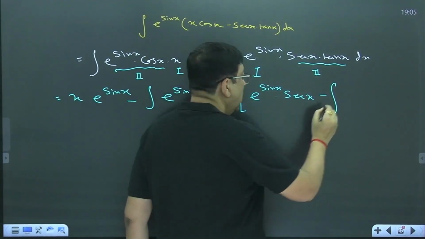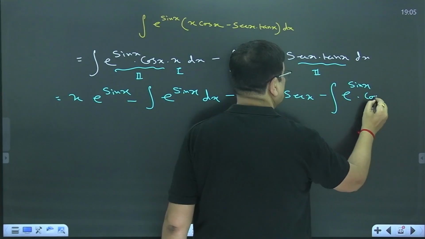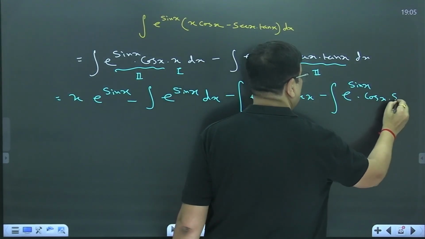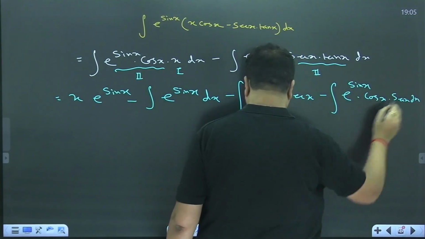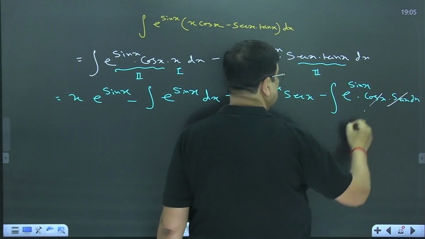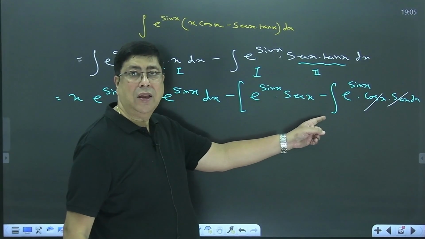So I am writing here e to the power sin x into cos x, integration of the second function, that is coming to be sec x on total dx. So everybody, let us go to the cancellation. So cos x and sec x, and this is minus minus plus.